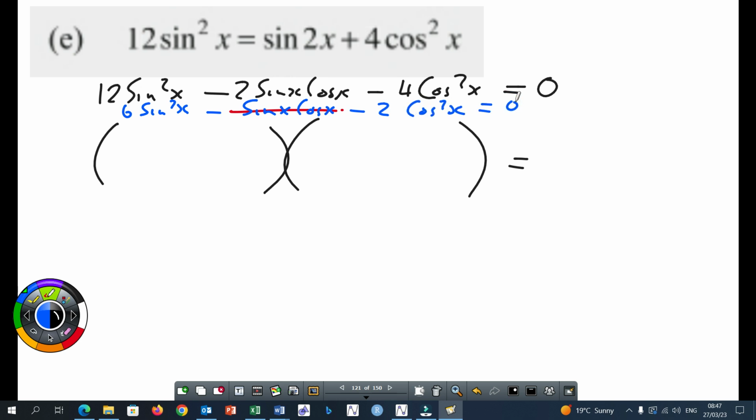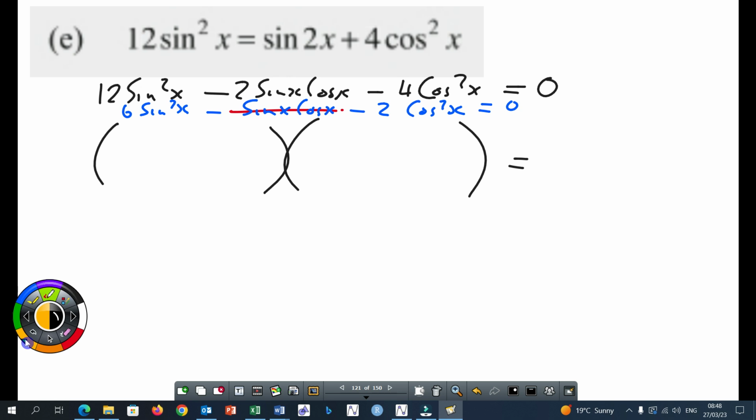So whether you take out a common factor or not, it can be factorized. So what are the factors? 3 sine x minus 2 cos x.